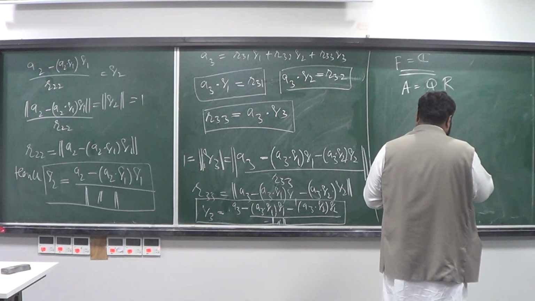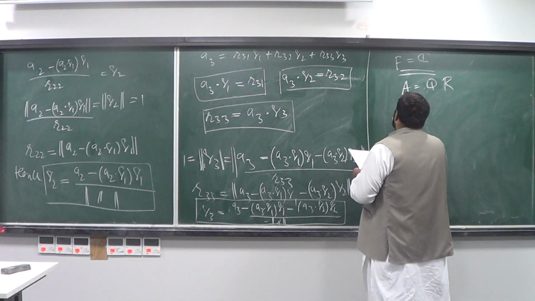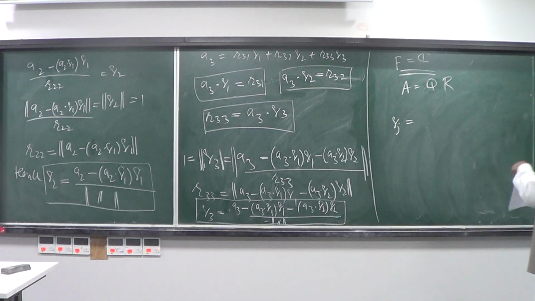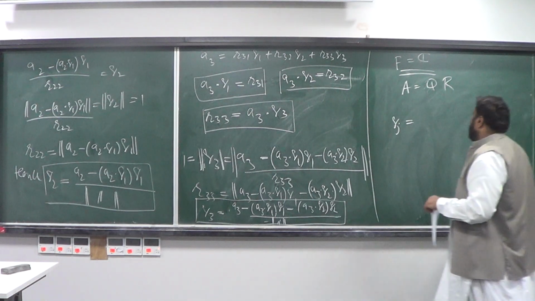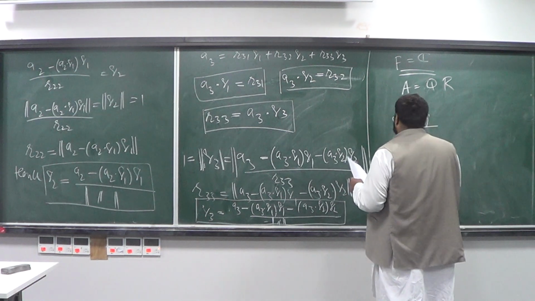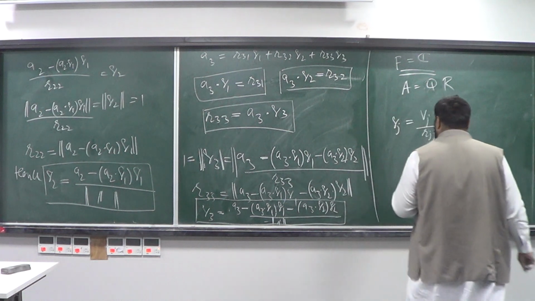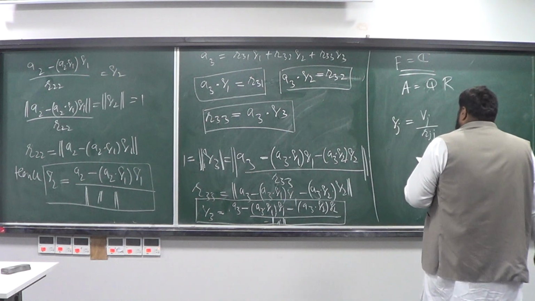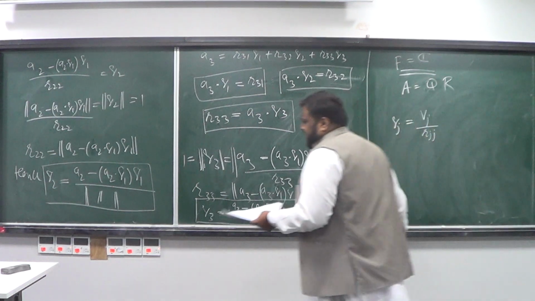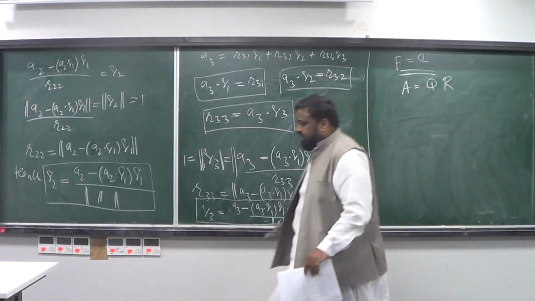To compute your Qj, you need to compute the vector Vj divided by Rjj. So here is the algorithm.